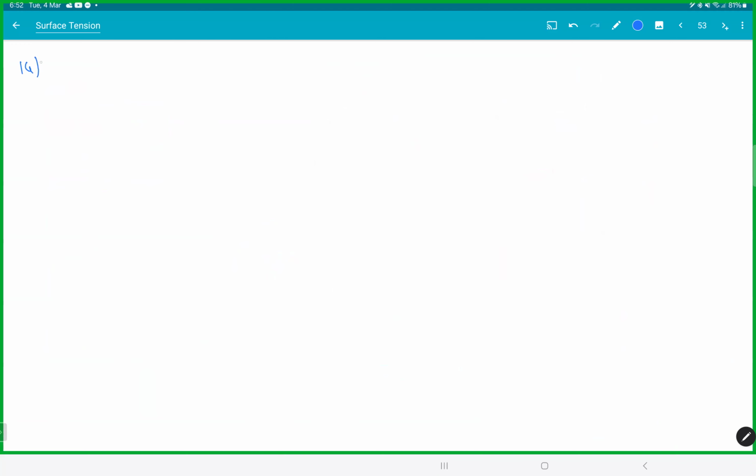It's a little lengthy, but solvable. Let's say we have a container. Let's say we have a capillary here. The liquid has gone up till here, height h.